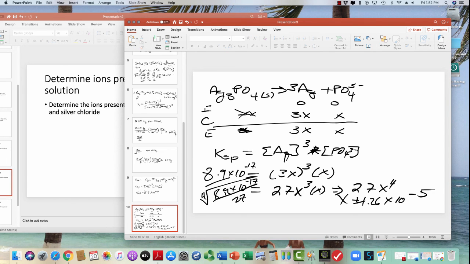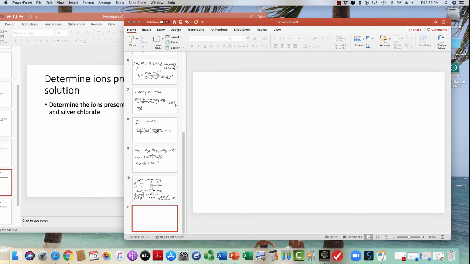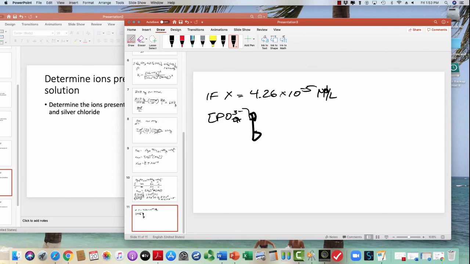All right, so let's go to another slide, and you can see all my work is up here. If x is equal to 4.26 times 10 to the minus 5 moles per liter, that's going to equal the concentration of phosphate. I'll get better with this, guys, I promise.